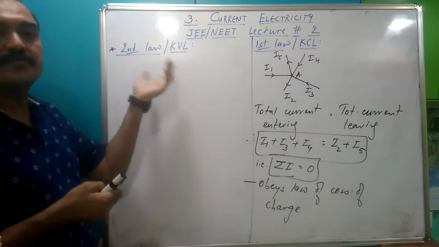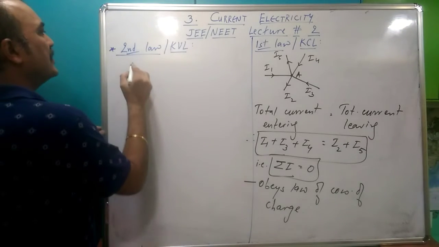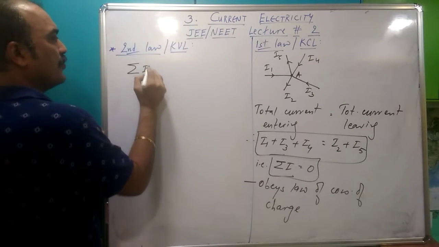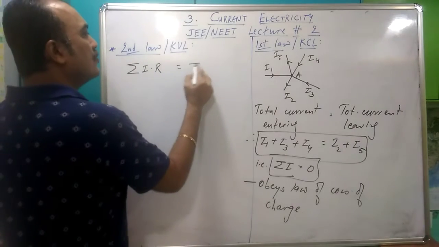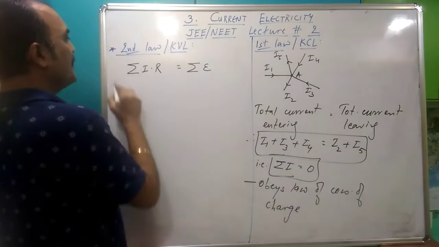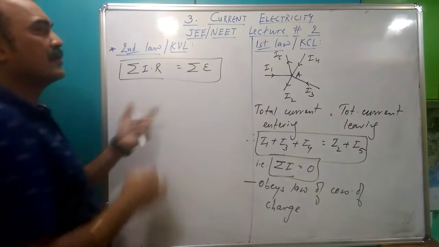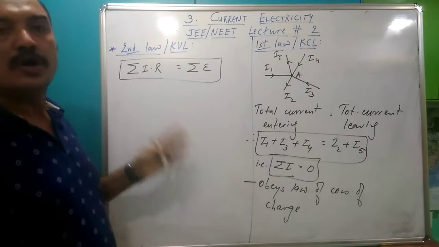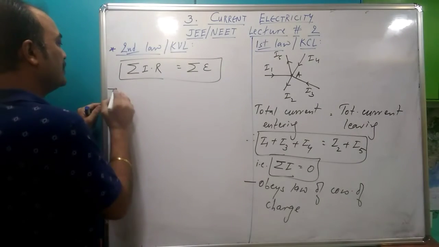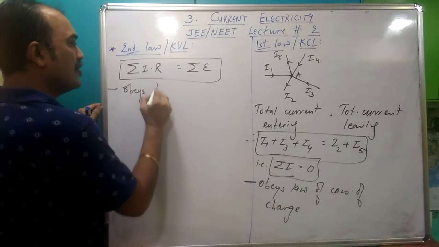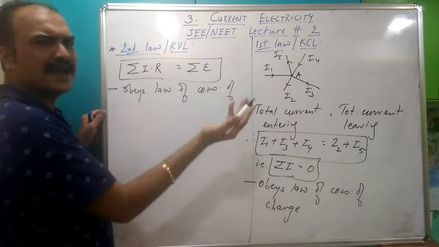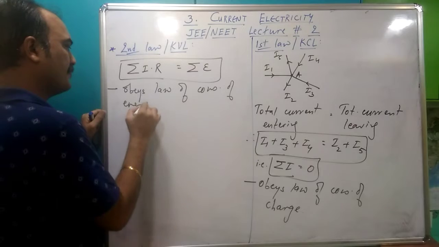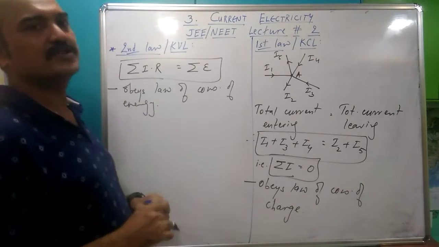So in Kirchhoff's voltage law, he says that the total sum of potential differences across the resistors, IR, is equal to the total sum of EMFs due to the batteries. This obeys the law of conservation of energy, because I'm sure you know EMF is work done.